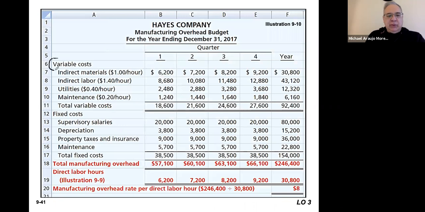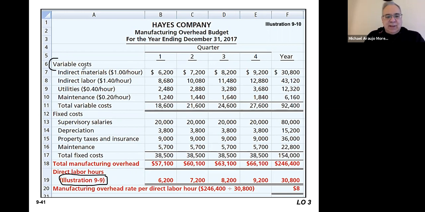Variable costs will be listed first, again based on the number of labor hours, which comes from your previous budget, right? Illustration 9.9 that we just went through gave us all the direct labor hours that we need to base this on.